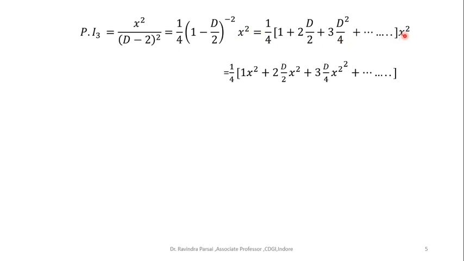Since the power of this function is 2, you take the first 3 terms. If the degree is 4, you will take 5 terms in this expansion.